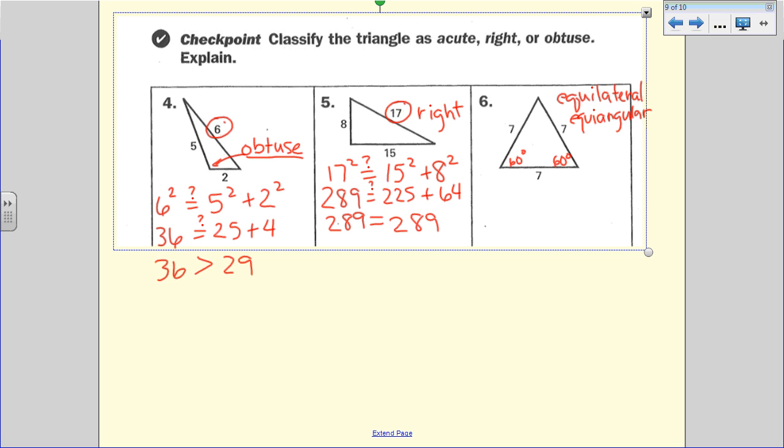And so I know going into this that this is an acute triangle. But let's look and see how the math compares. Well, there's no long side, so I'm just going to put 7 squared. And I want to see how that compares to 7 squared plus 7 squared. So I think you guys can see where this is going.